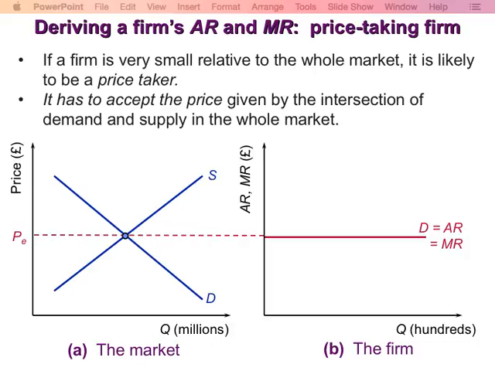And as a result, the demand curve is actually the average revenue curve. And it is also the marginal revenue curve. Remember what we said about marginal revenue. It's the additional revenue from the sale of an additional unit. So each additional unit that we sell brings us exactly the same revenue, marginal revenue, regardless of the quantity, which is also the same as average revenue, which is revenue over quantities.